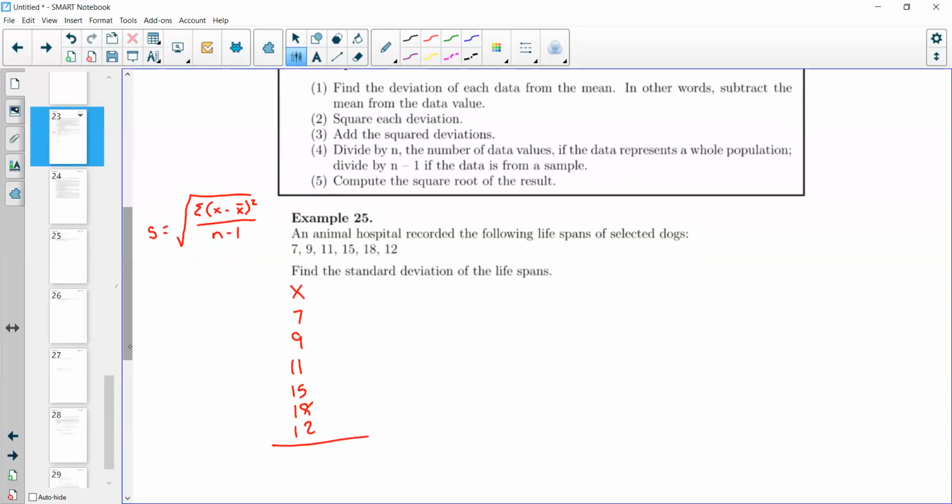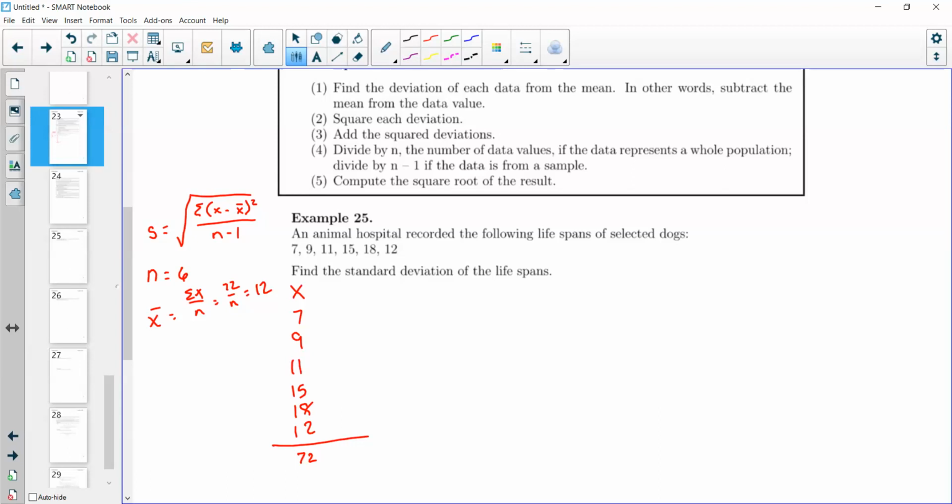Now I need the mean, and n equals 6. So if I add all these together, I get 72. So we're calling this a sample. So x bar is the sum of x's over n, which is 72 over 6, which is 12.